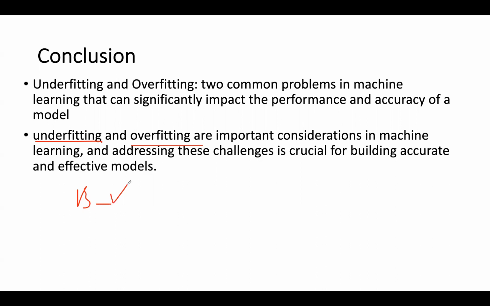You want to balance the model complexity using different techniques like cross validation, which we looked at. With that, there's a high chance you can achieve good performance, and in that case, it might lead to accurate predictions on new data. All right, that just wraps it up.